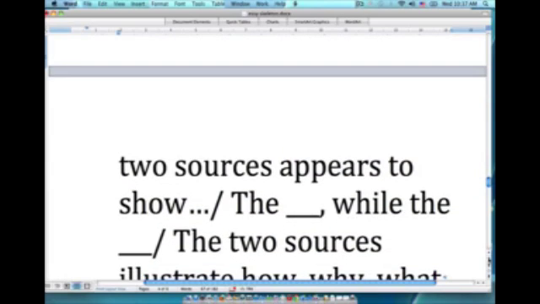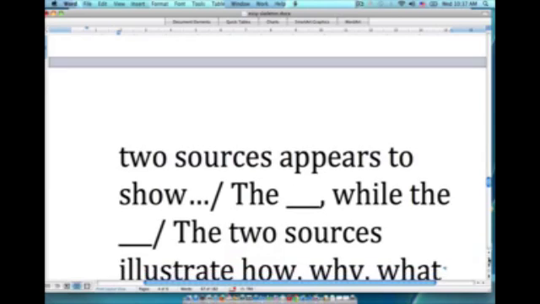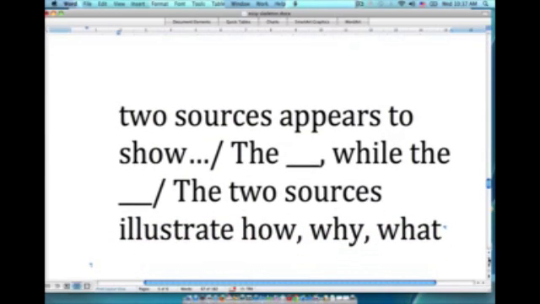Maybe that there's a positive correlation between them, which means they move in the same direction, or there's a negative correlation between them, which means perhaps one source moves in one direction, the other source moves in the opposite direction. Or perhaps you could start the diagram shows whatever, comma, while the graph shows, and then whatever the graph shows.